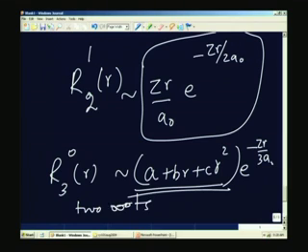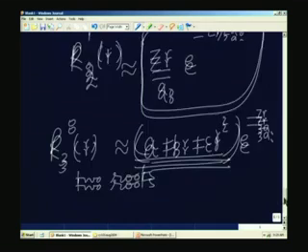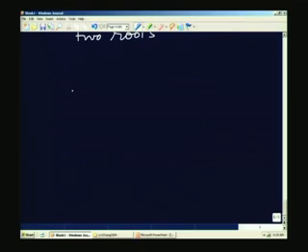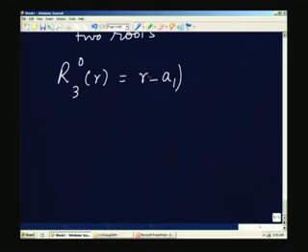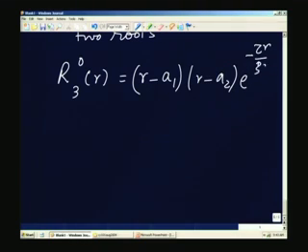Both of them are positive, and the roots are such that you can write this as R30 as r minus the first root a1, times r minus a2, the second root, multiplied by e to the minus zr by 3a0, such that a1 is less than a2.